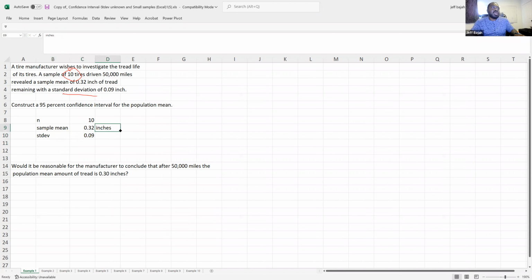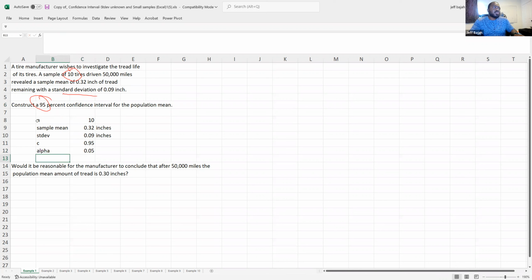So we have some of that knowledge. We have our confidence level to be 0.95, because we're told to construct a 95% confidence interval. And so our alpha is 1 minus this, and that would be 0.05.